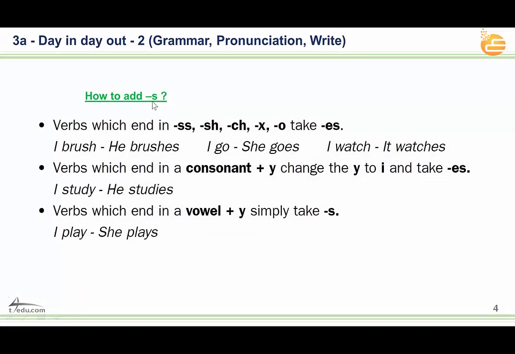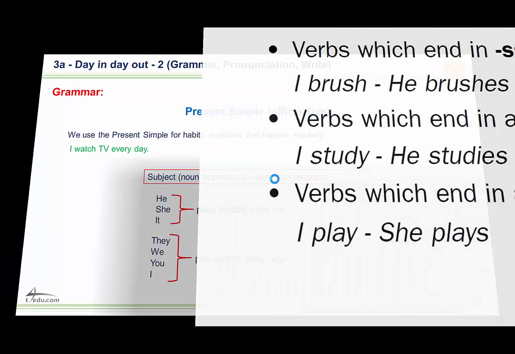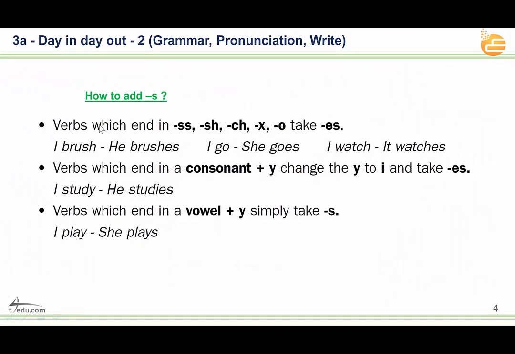Next, how to add s. We said that we have to add s, but sometimes we add s, sometimes we add es, sometimes maybe ies. So how can we know? Listen. Verbs which end in ss, sh, ch, x, or maybe o, take es.